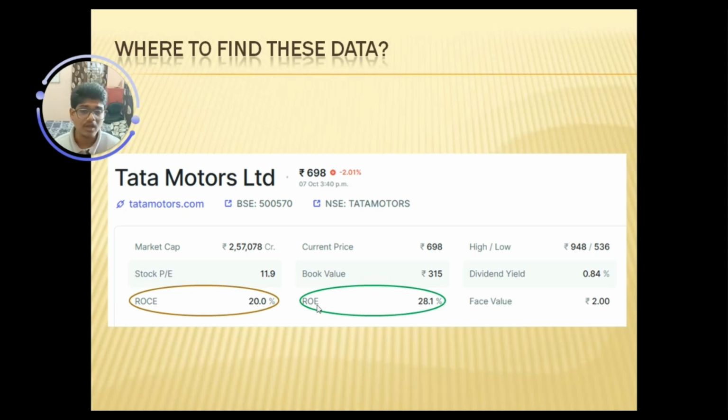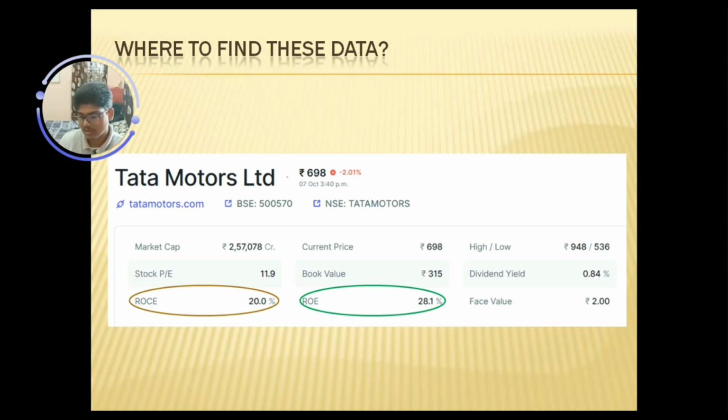It means they are giving their shareholders a very good return. With ROCE, they are at an efficiency of 20%, and they are giving returns of 28.1%.